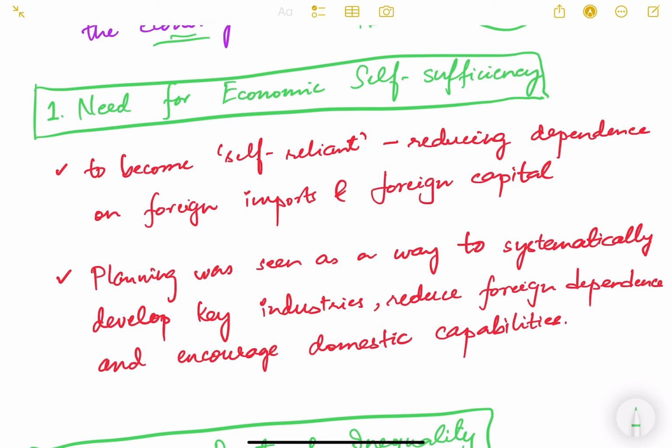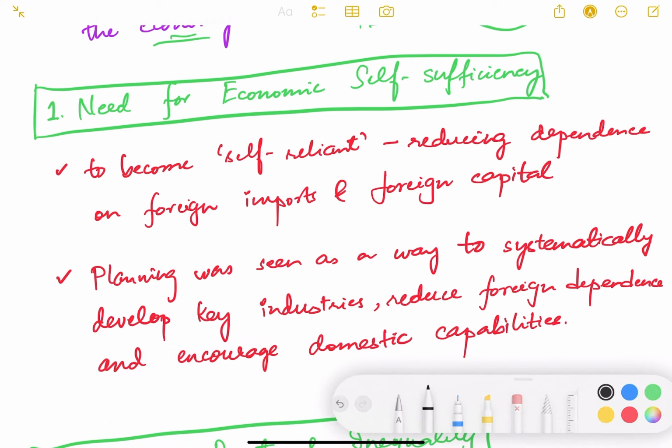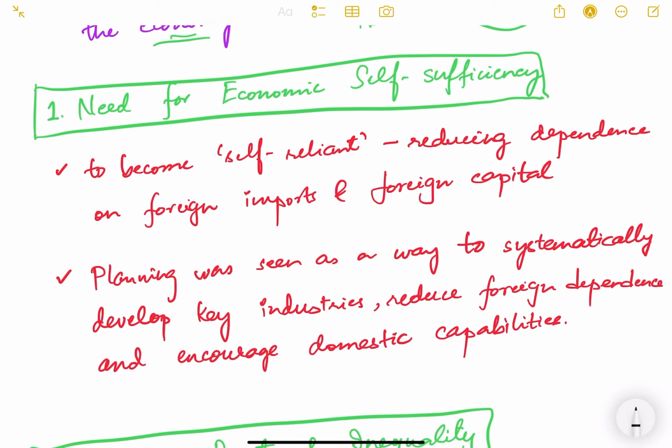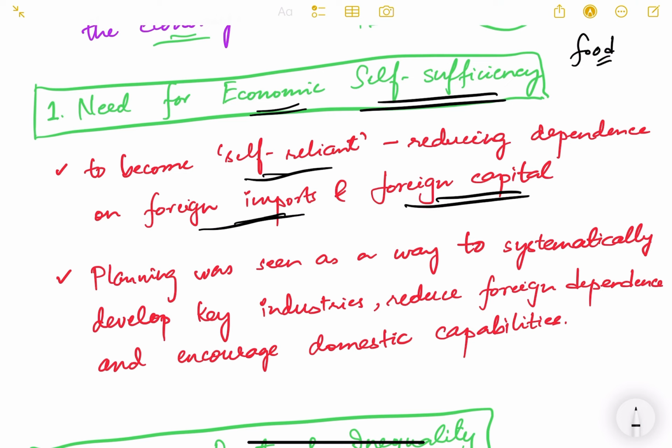Now, the first reason was the need for economic self-sufficiency. Our leaders at that time felt that our economy should be self-sufficient in terms of food production, basic industrial goods, etc. We had to become self-reliant, reducing dependence on foreign imports and foreign capital.